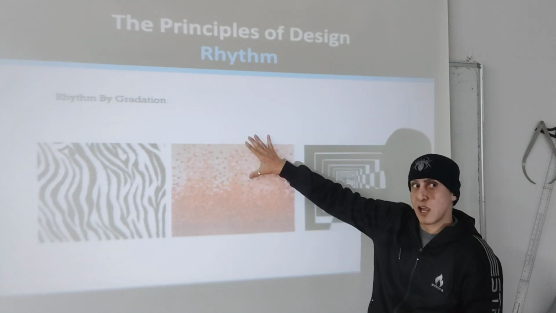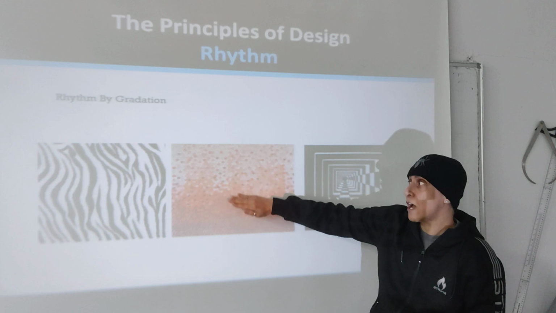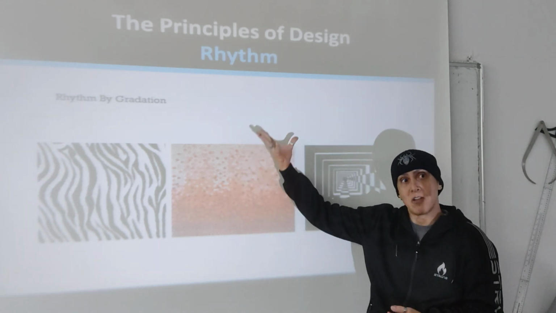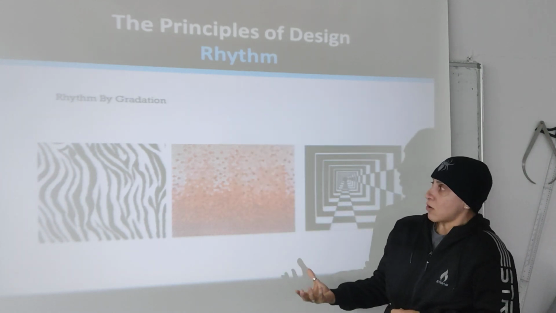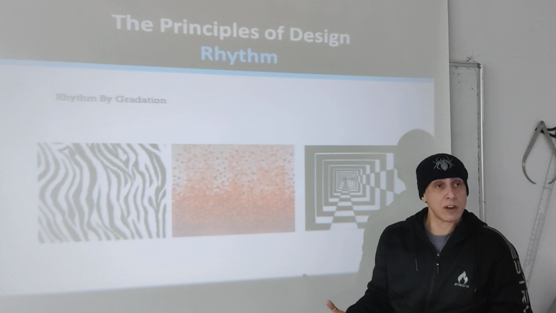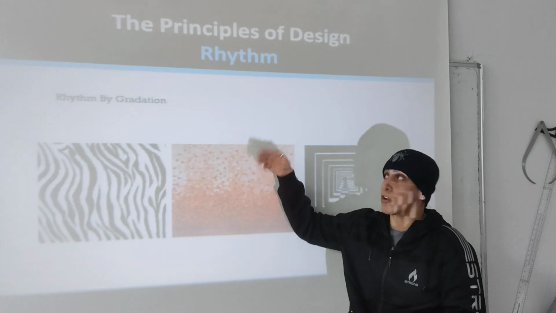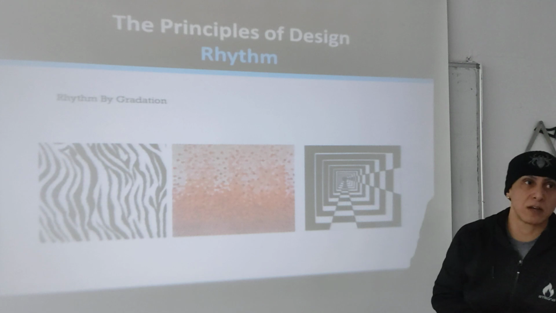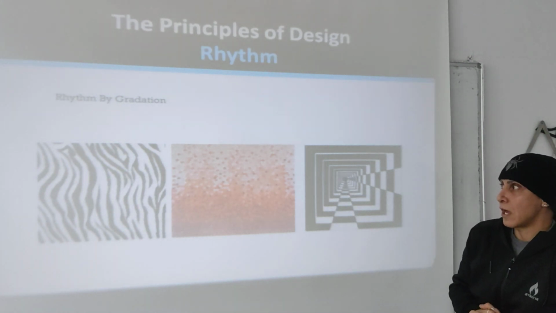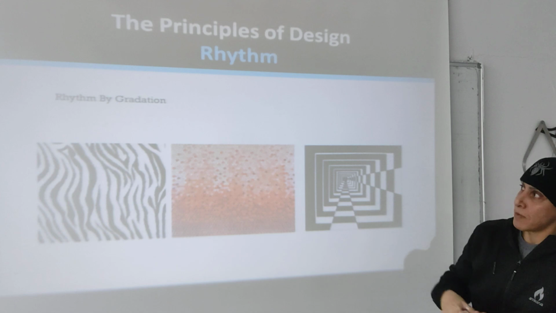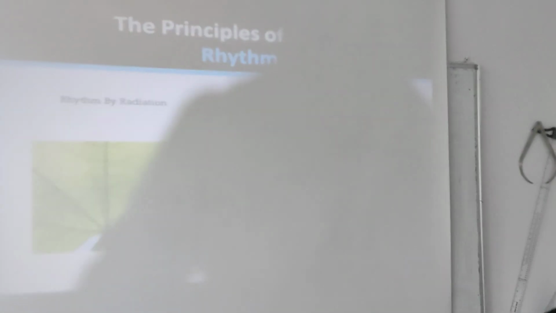Here more, here less. But gradually, slowly change, okay? So, we have rhythm by gradation also. We have repetition, we have gradation, so we have rhythm in the end. So yeah, this is one example of a type of rhythm.